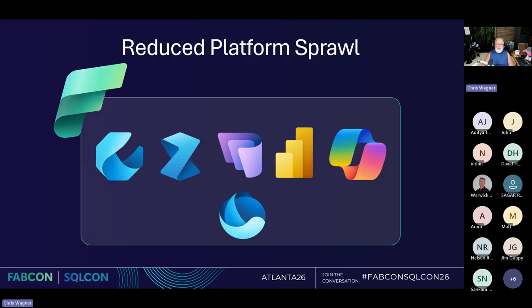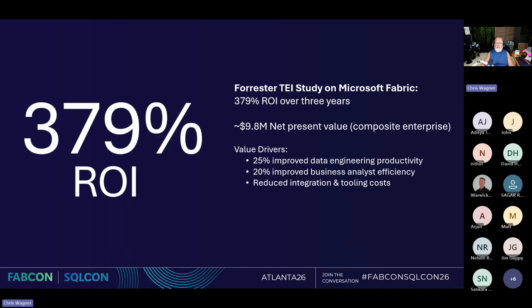By going with Fabric SQL, number one, you're eliminating that licensing cost. You're consolidating all in one platform, and across a variety of different spectrums, that's going to give you a massive return on investment. In fact, Forrester pegs the ROI of Microsoft Fabric at 379%.